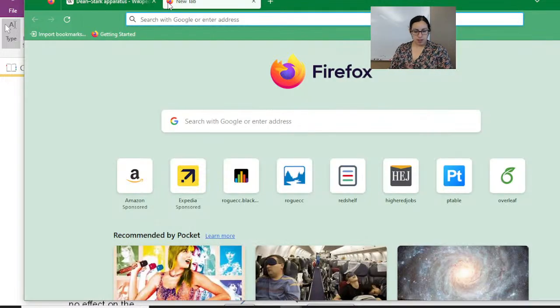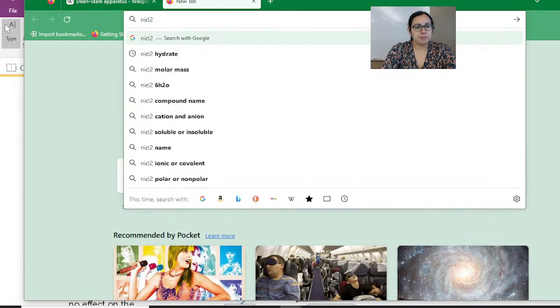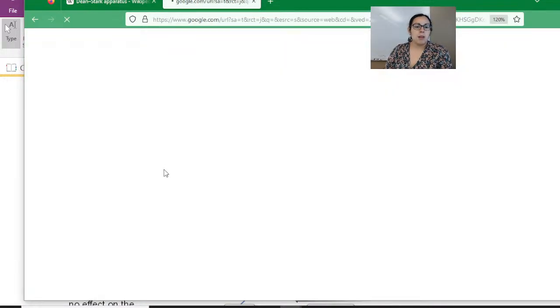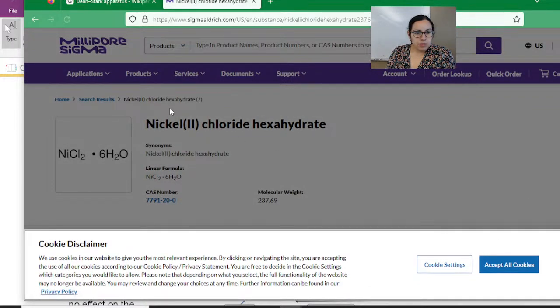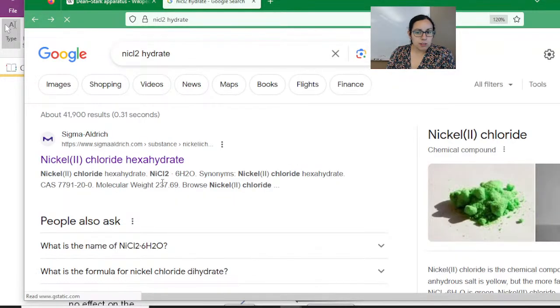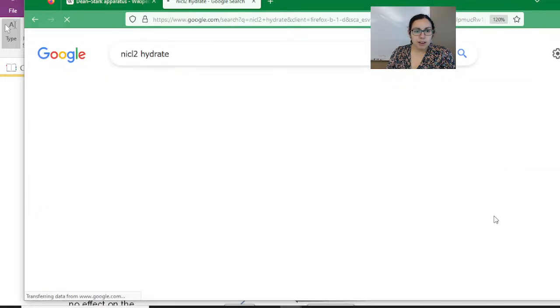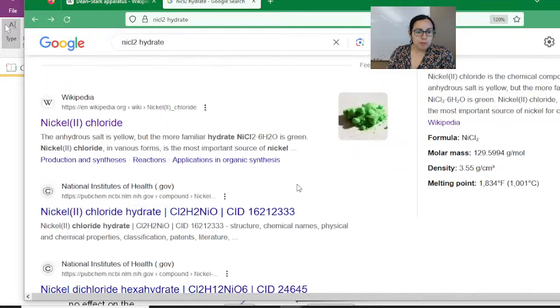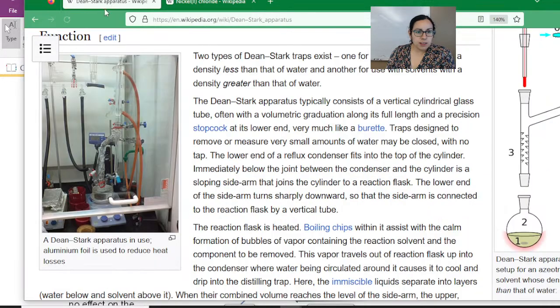So in class we did the magnesium sulfate, but for instance, this compound here, nickel chloride hexahydrate, you can convert it to the anhydrous form if you take this Dean-Stark apparatus and then you boil it with a bunch of toluene. That'll actually drive off the water here.